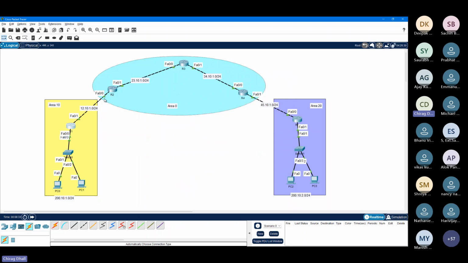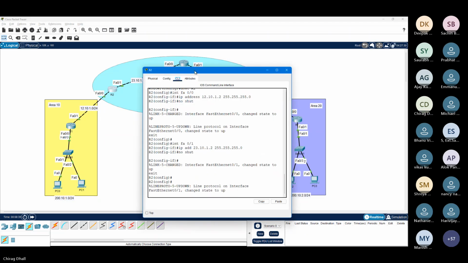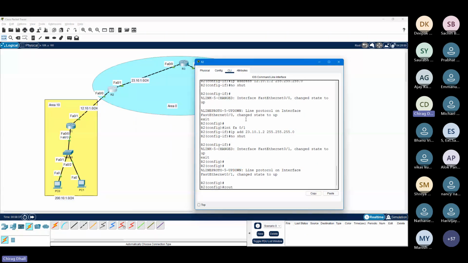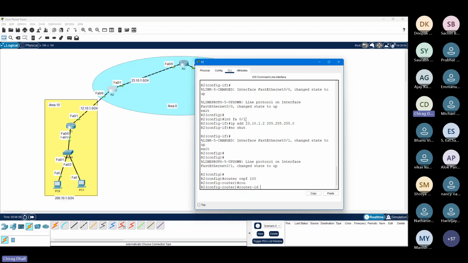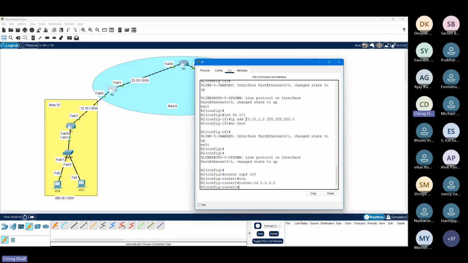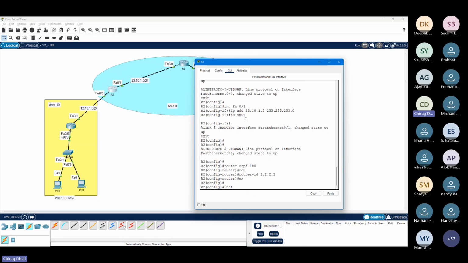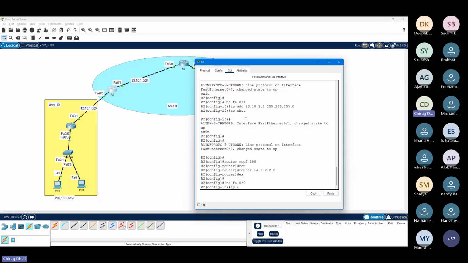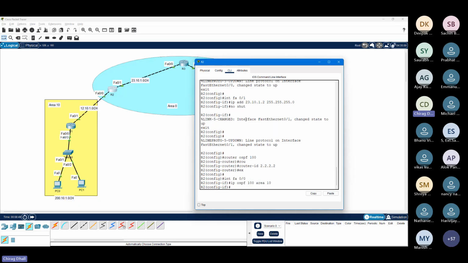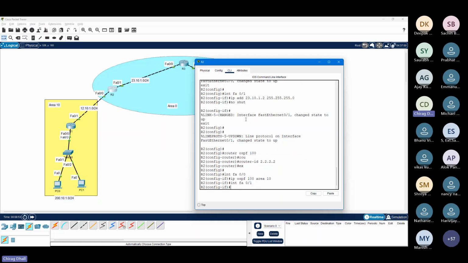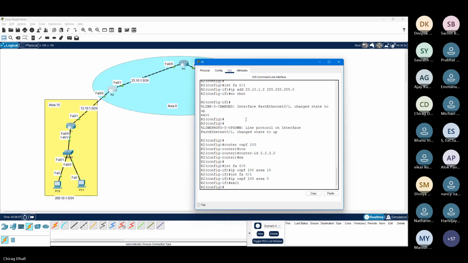Then I will go to router 2, router ospf 100, router-id 2.2.2.2, exit, interface FA0/0, ip ospf 100 area 10, interface FA0/1, ip ospf 100 area 0. Exit.